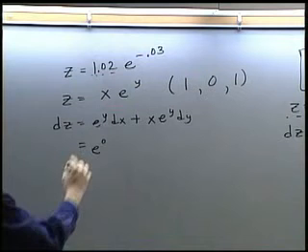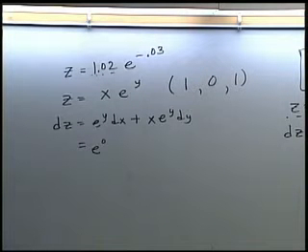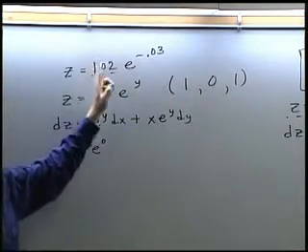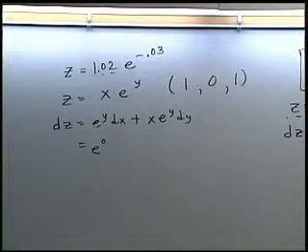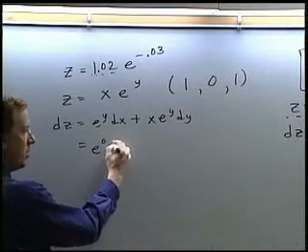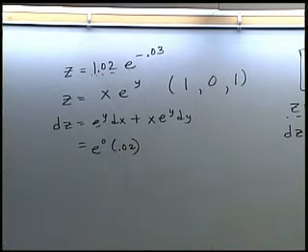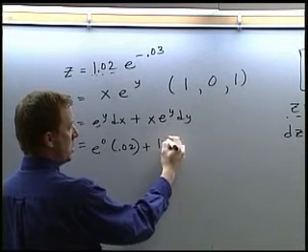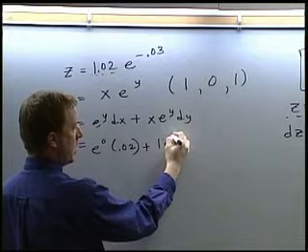What's dx in this problem? How has x changed if I start at the nice point and I go to the one that's not so nice? 0.02. It's gone up by 0.02. Plus x is 1, e to the 0, and then what's dy?